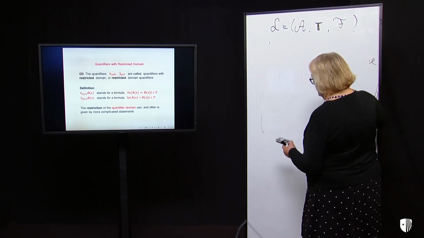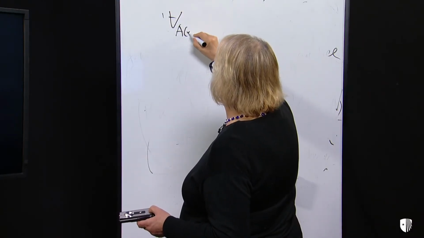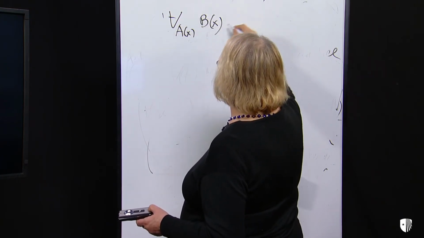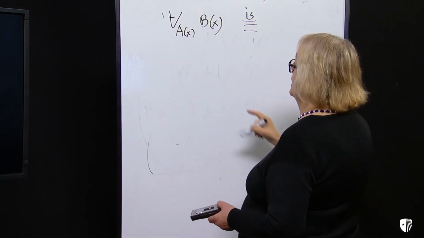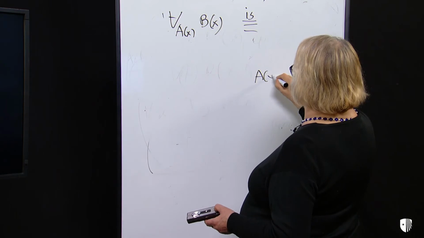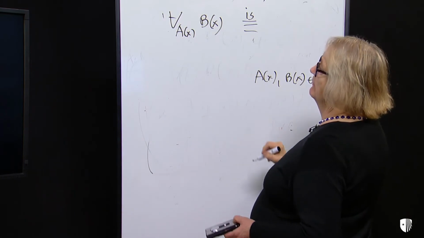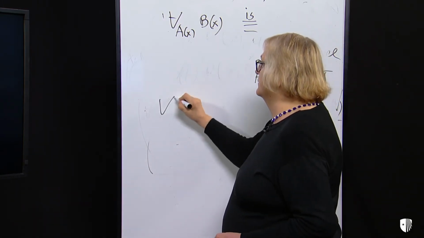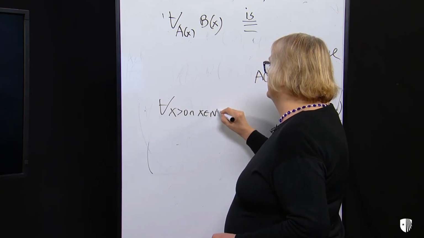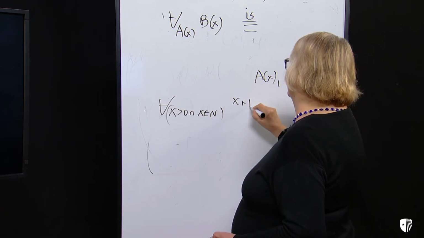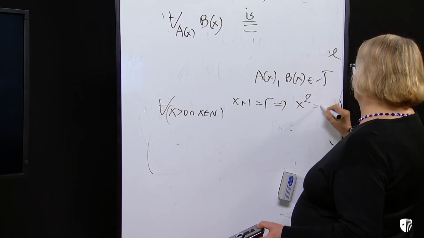What do they mean? With a restricted domain, you can write: Bx. Now Ax and Bx, we are in logic, are our formulas. So for example, I can write for all x greater than 0 and x natural numbers, x plus 1 equal 5 implies x squared equal 3.